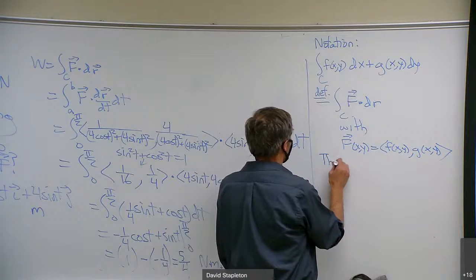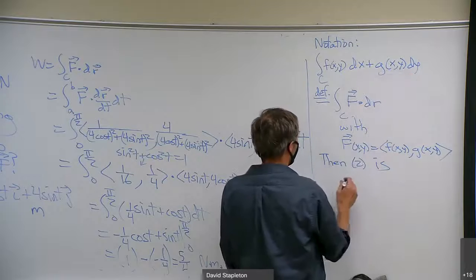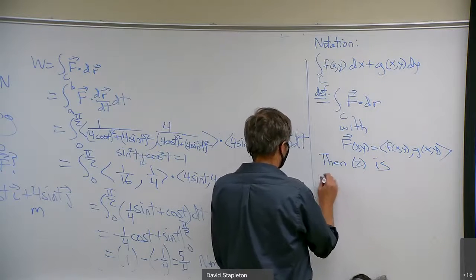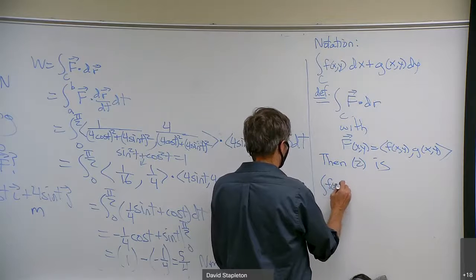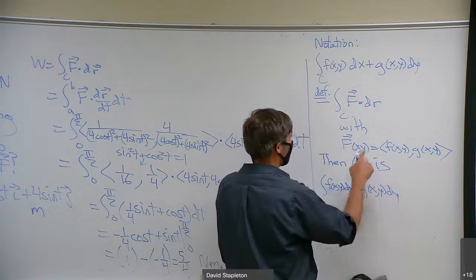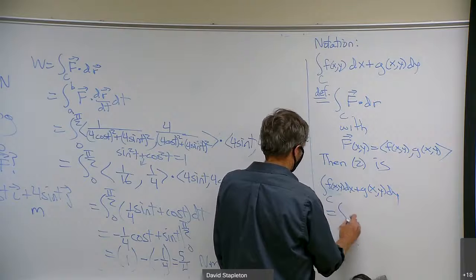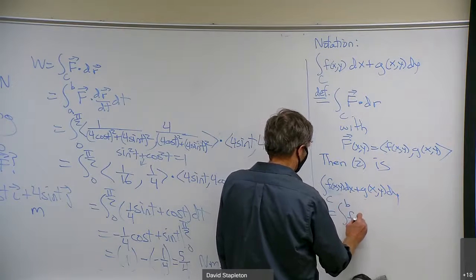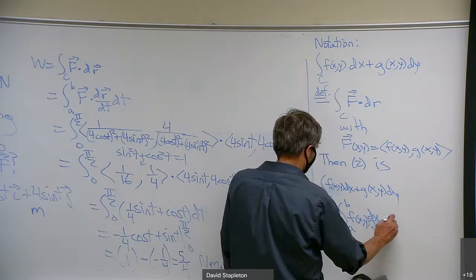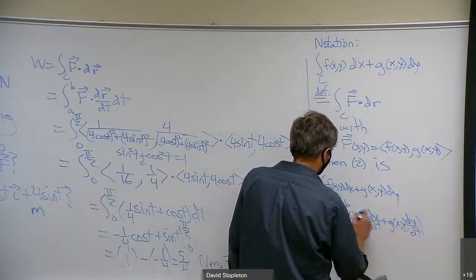Then our theorem, equation 2, says that you take this F dot dr/dt, so it's the integral from a to b of F dot dr/dt dt, which is f times dx/dt plus g times dy/dt, all integrated with respect to t.